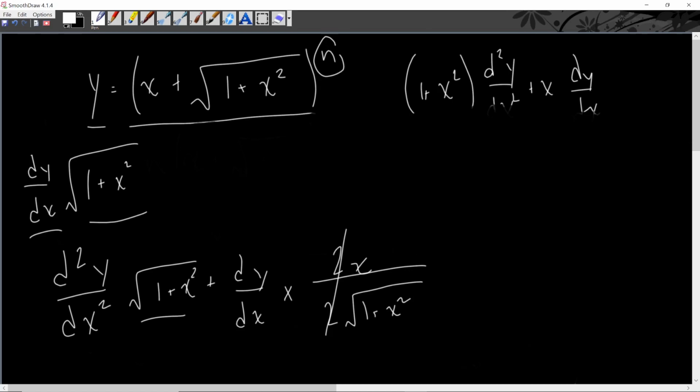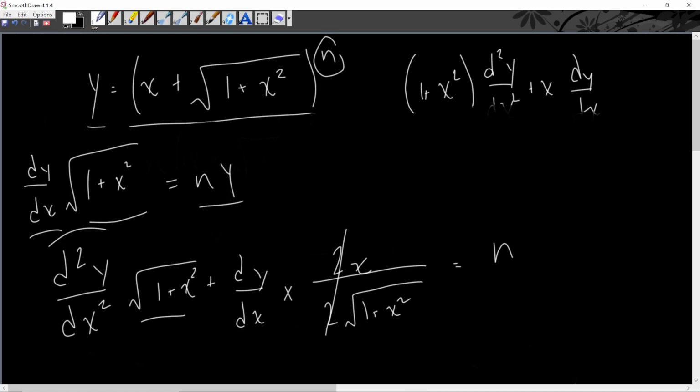Now these 2's cancel out, and this is again dy/dx times all that is equal to ny. Wait, what am I doing? Oh, forgot. So we're doing the derivative of dy/dx of that is equal to ny. So when we differentiate this side, we have to do the derivative of this and of that.